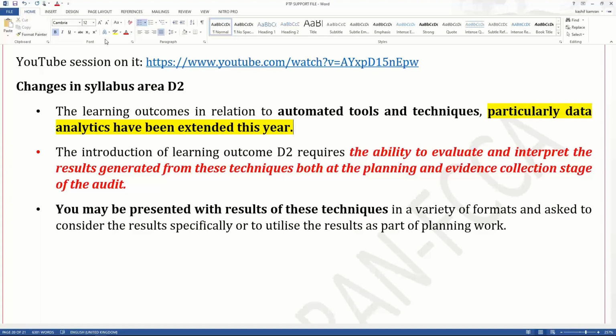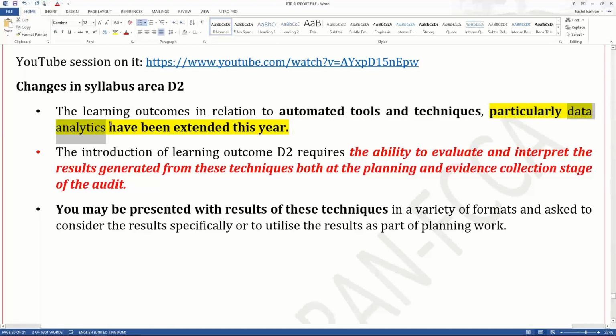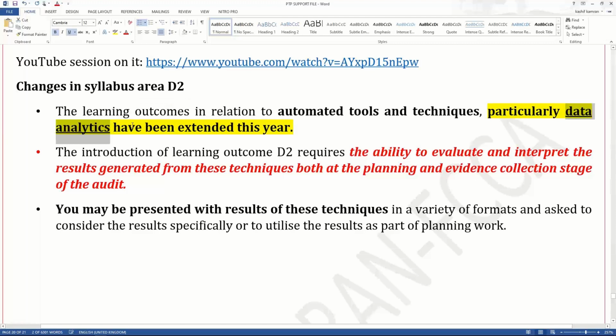If the examiner skips you in September, then he will get hold of the December exam students. The examiner is saying the learning outcomes in relation to the automated tools and techniques, particularly data analytics, have been extended this year. How? In what context has it been extended?